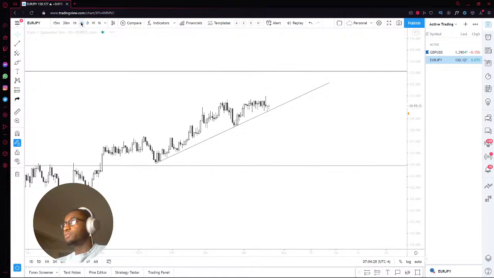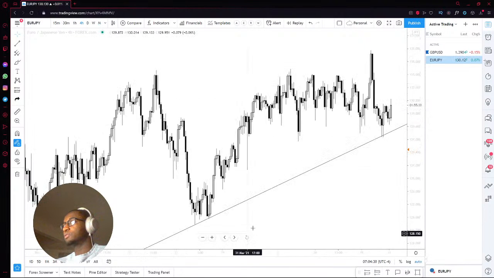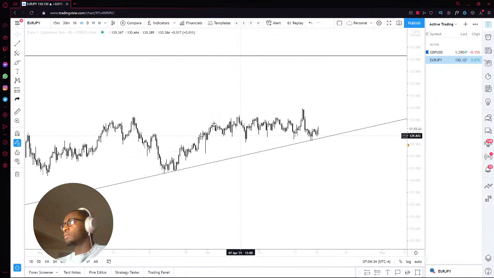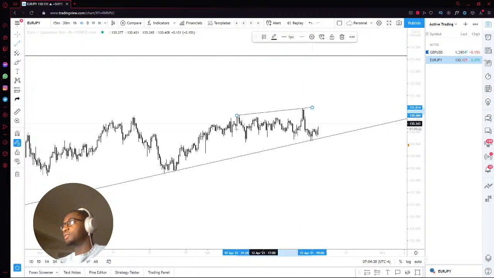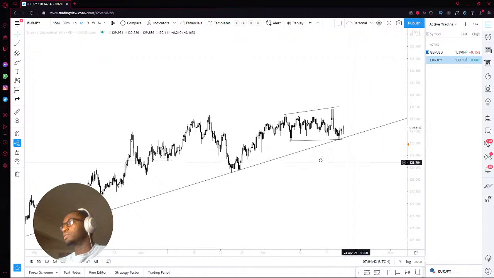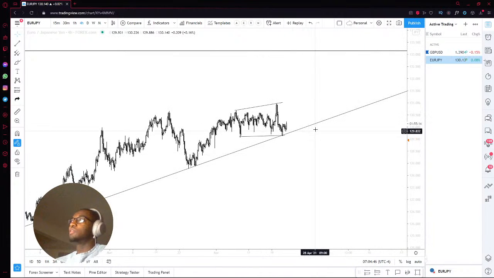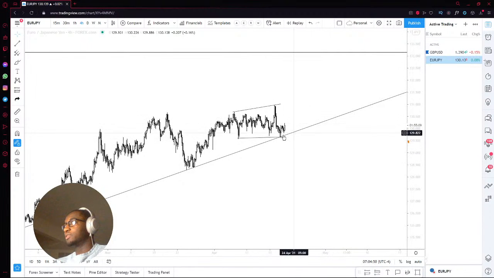Let's go to the 4 hour, reset this. Okay, 4 hour. So essentially what I'm seeing is basically an expanding triangle, more so a rectangle. In my journal, I'll be considering a rectangle and looking for price to continue pushing up.